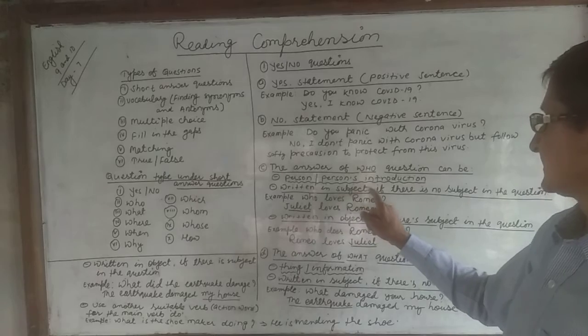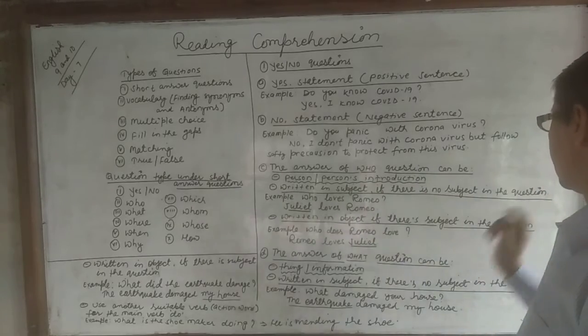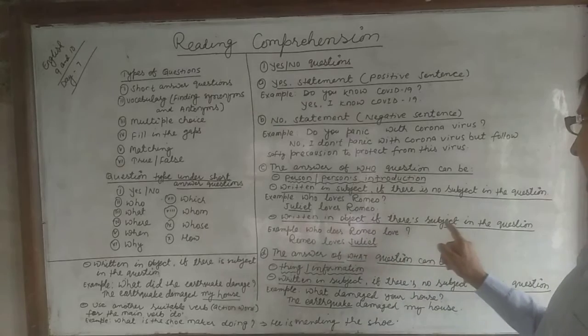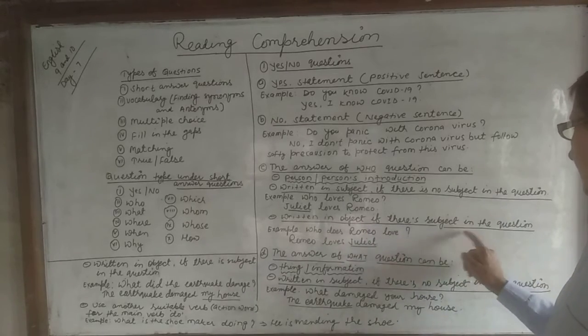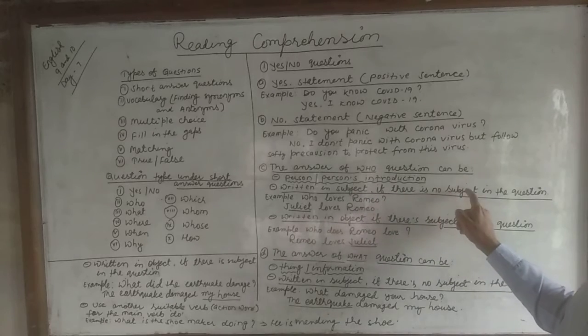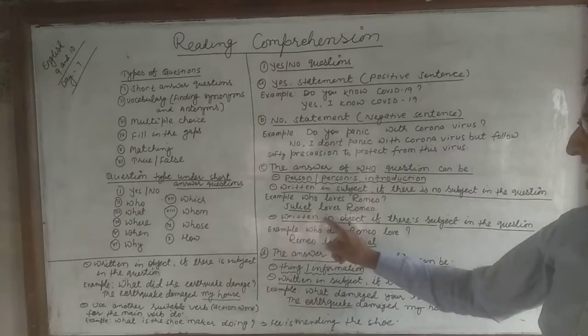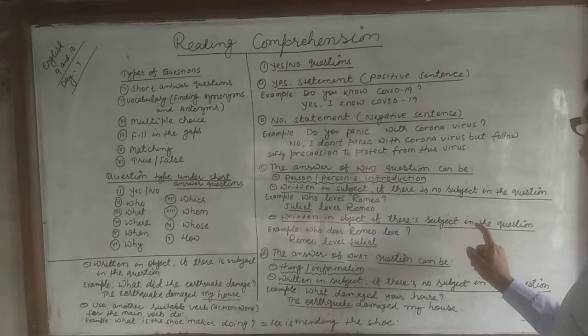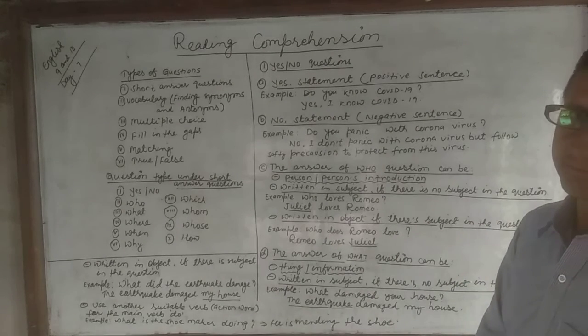Write in subject if there is no subject in the question, and write in object if there is a subject in the question.